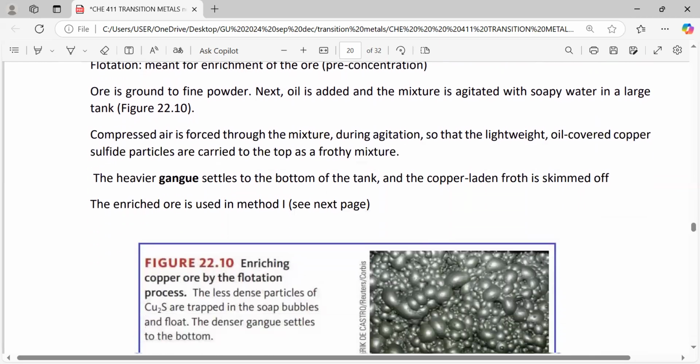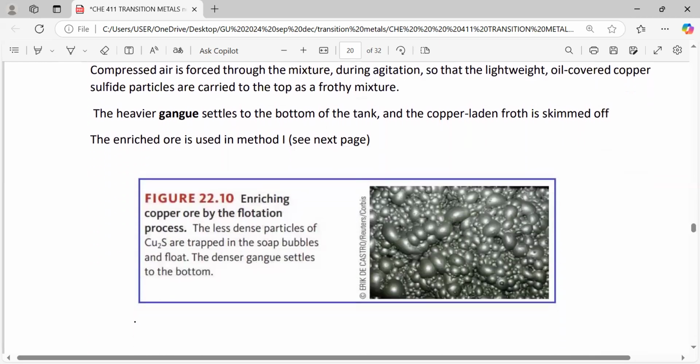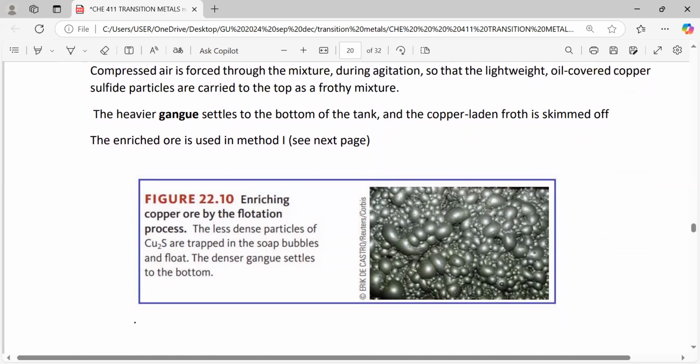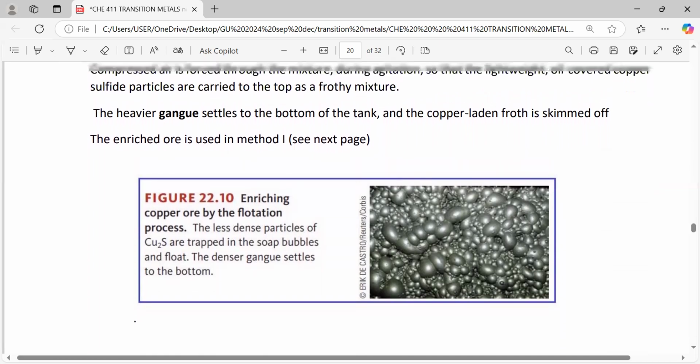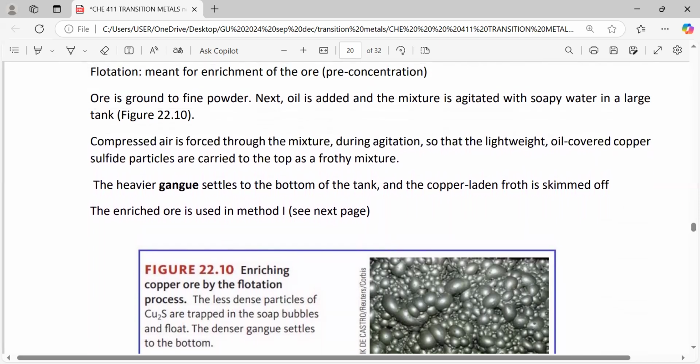So this picture down here shows what happens: what floats on top, the froth or the bubbles, will help you to separate your copper sulfide from the denser sand and mud that you don't need.